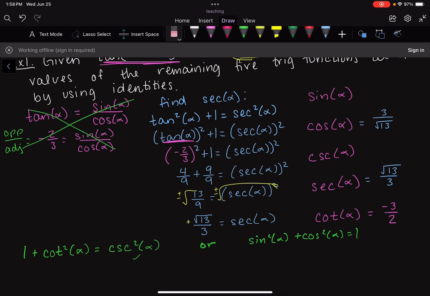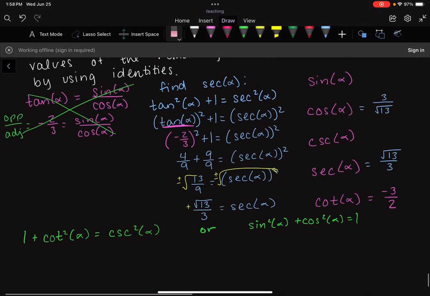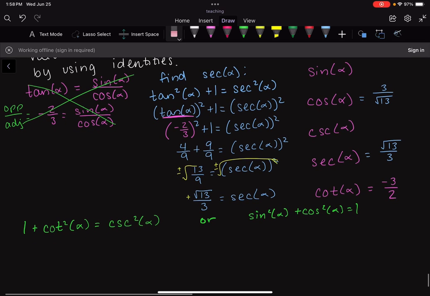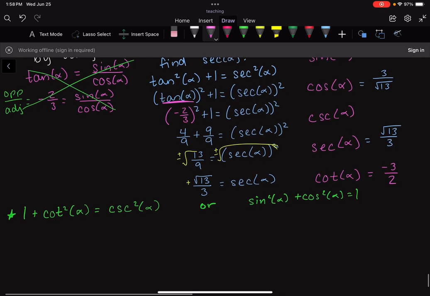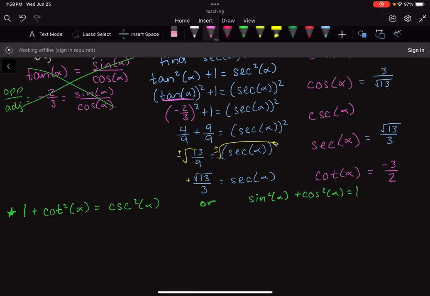So that's why you could use either one of these. I actually like this one better. The reason is because I think the simplifying is a little bit easier on it. So that's the one that I'm going to pick.